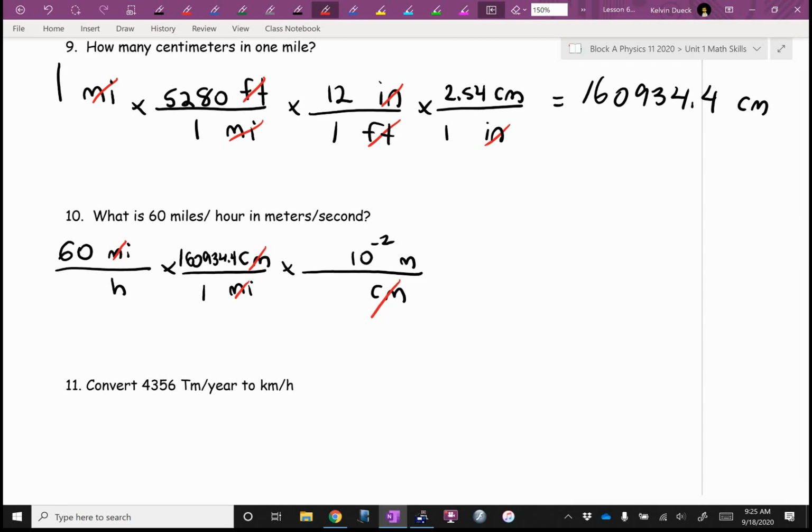Kiana, now I want to take care of hours and change it to seconds. Where is hours right now? Hours is on the top right now? Sesame Street is brought to you today by the word, right? It's on the bottom. Where is it going to go in my conversion factor? One of those is correct.